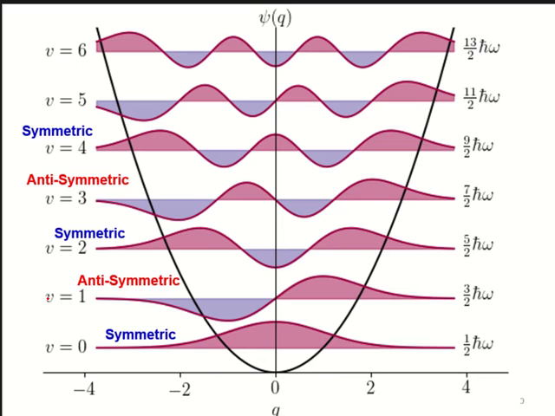Now the maximum amplitude point gets shifted. So maximum amplitude is now gradually shifting to the outer periphery, away from the equilibrium position.